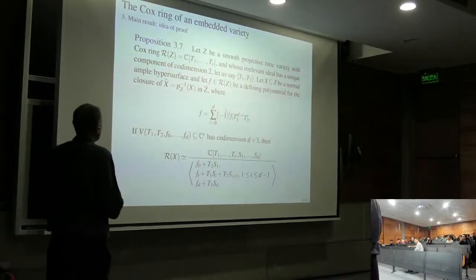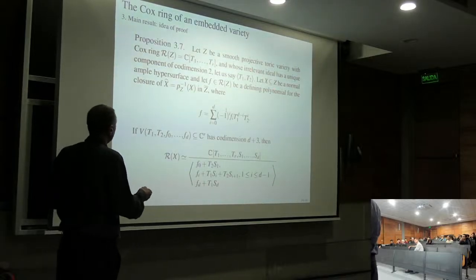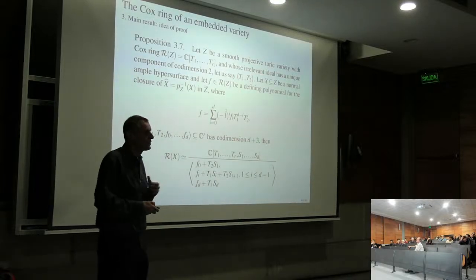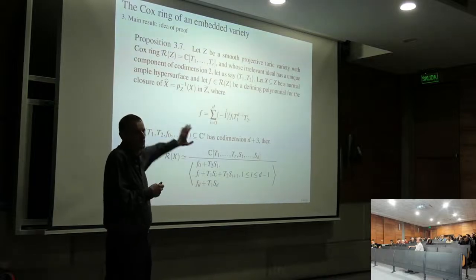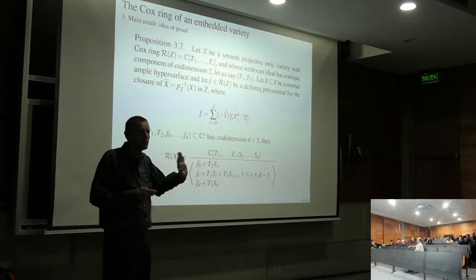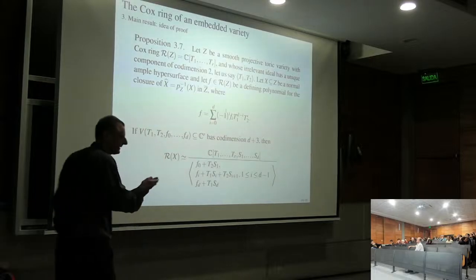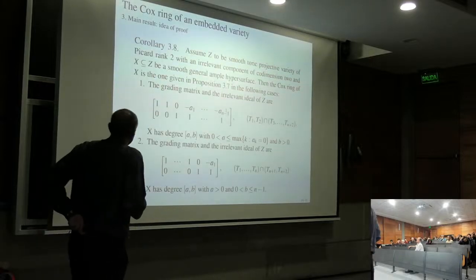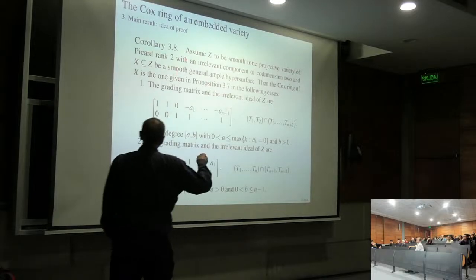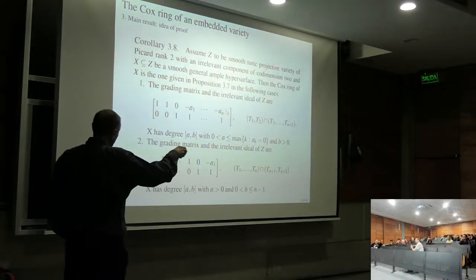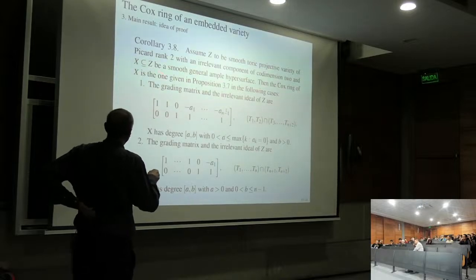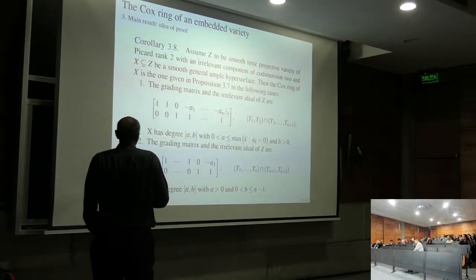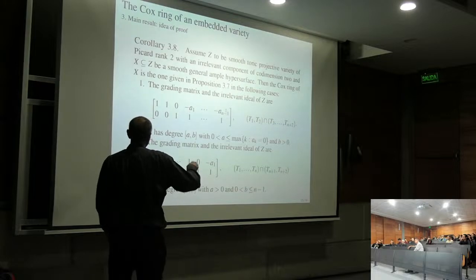And basically, you can have no component of codimension 2 in the irrelevant locus, or just one, when the dimension of the toric variety is big enough, bigger than or equal to 4, so it's okay. So these are the two possibilities. In Picard rank 2, Z is a smooth projective toric variety. We take a general ample hypersurface. Then there are two possibilities.